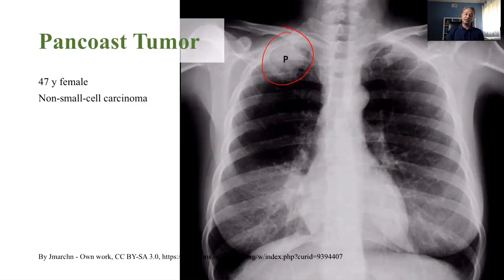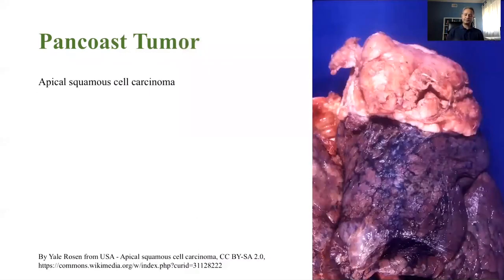It can cause compression and damage to the brachial plexus. It can involve other structures over here as well. So this is the Pancoast tumor. Here is a picture of a Pancoast tumor. If you see here, this is a squamous cell carcinoma that has formed a Pancoast tumor.